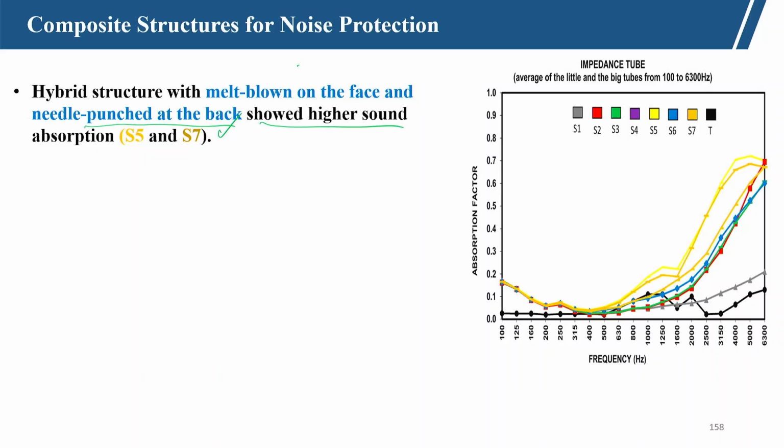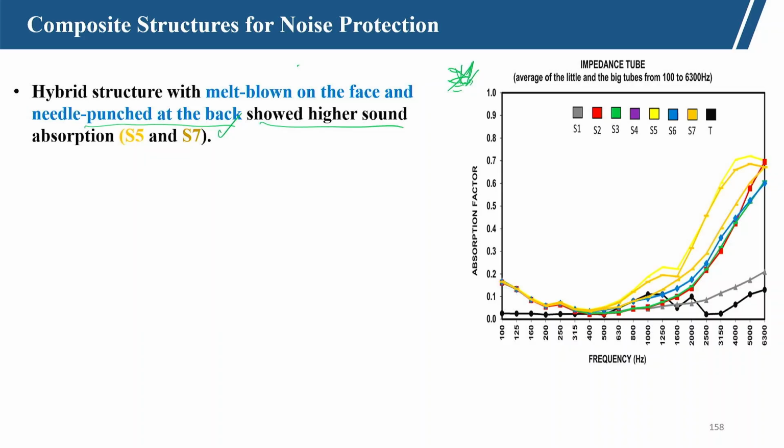Melt blown has very fine fiber diameter, typically around 1 micron, 1.5 micron, and that results in a different pore structure and also very high fiber surface area, that results in very high friction loss.